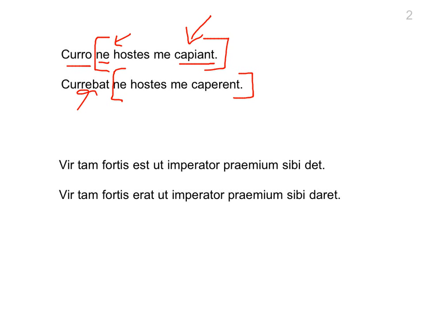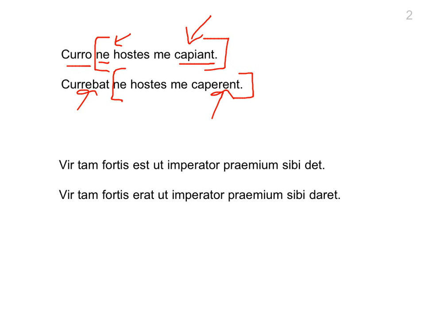Currebat, "he ran," past tense, "so that the enemies do not capture me." So notice imperfect main verb, and then the verb inside of the clause here is subjunctive. So this is a purpose clause. There's no indicator word. We're using ne, which also only appears in purpose clauses.